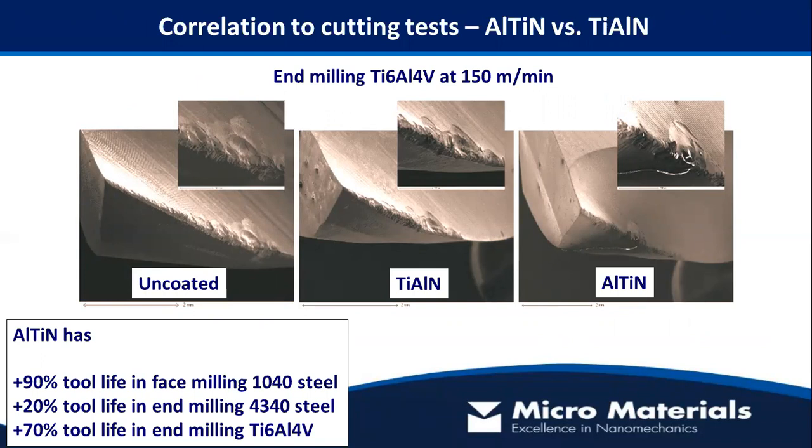So the enhanced behavior we see in our test actually correlates with what we see in many different metal cutting applications. In this case, having 67% Al in that coating system leads to enhanced tool life in a range of different milling applications.